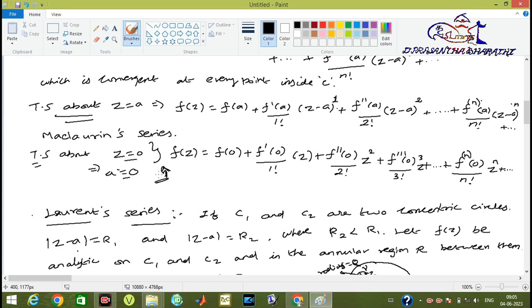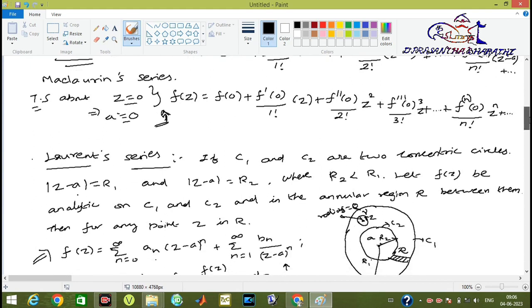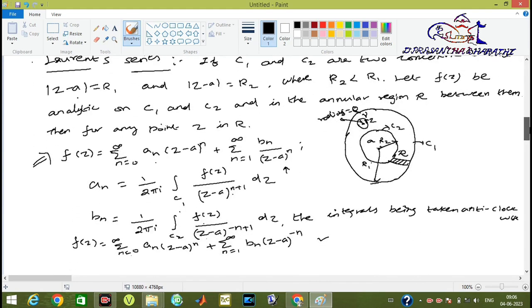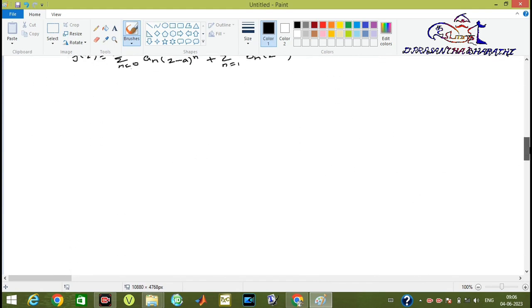In the same way we get the Laurent series, but we have to assume two concentric circles C1 and C2, and the integration also depends on them.